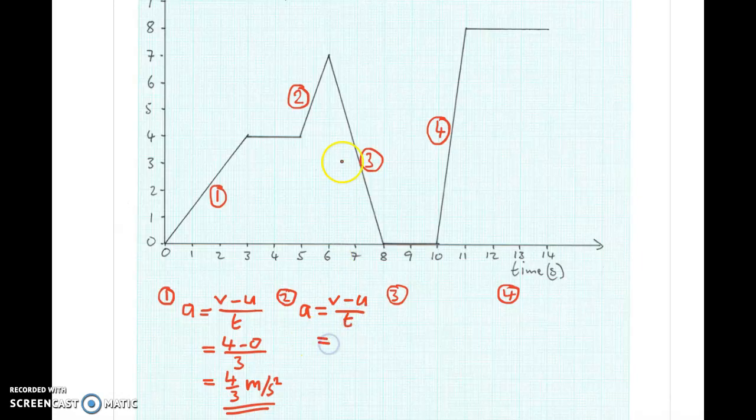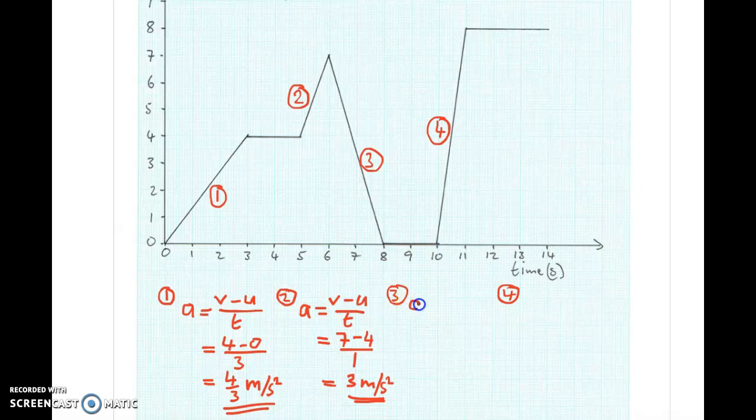So the final velocity is 7. The initial velocity was 4. And it does that in 1 second. So we can see that's going to be 3/1, which is 3 meters per second squared. Double underline for the final answer.